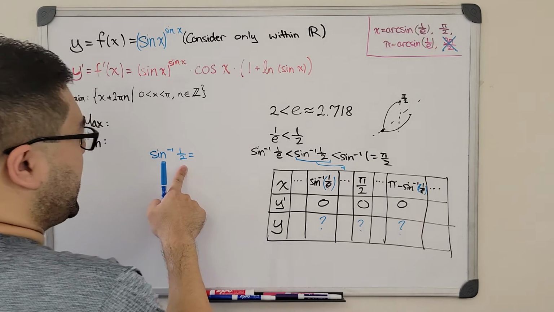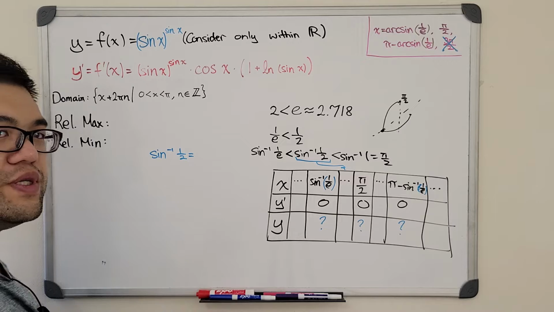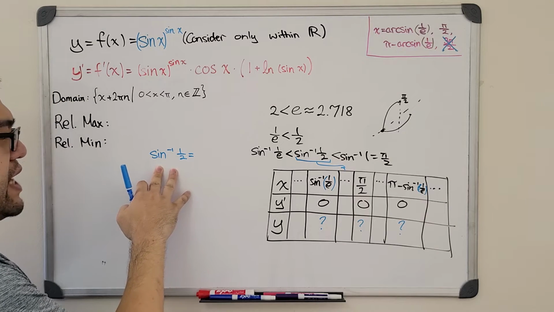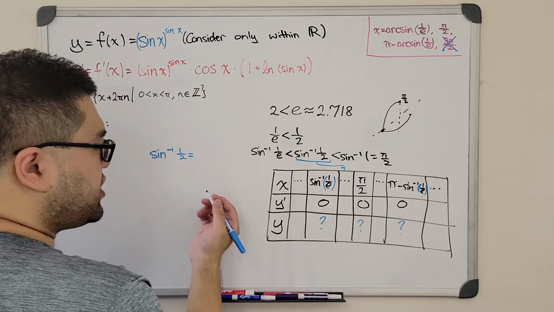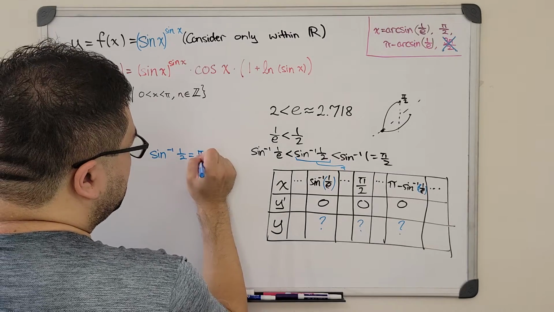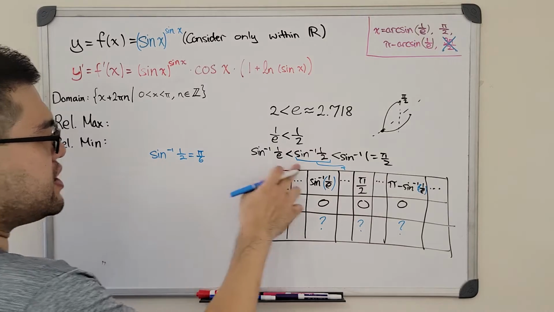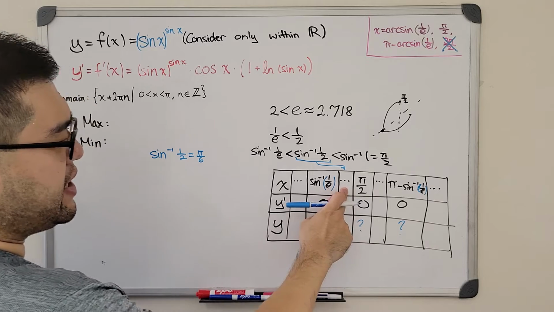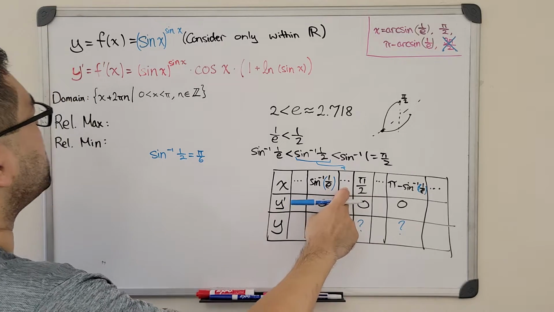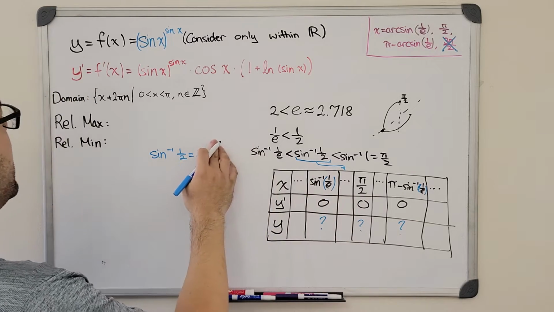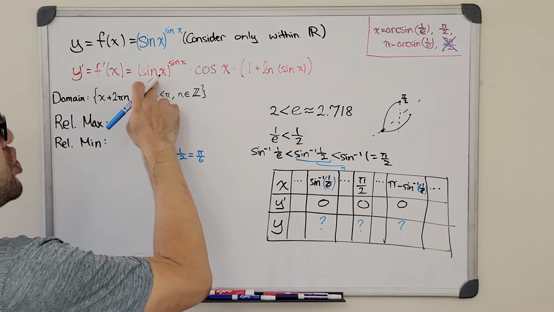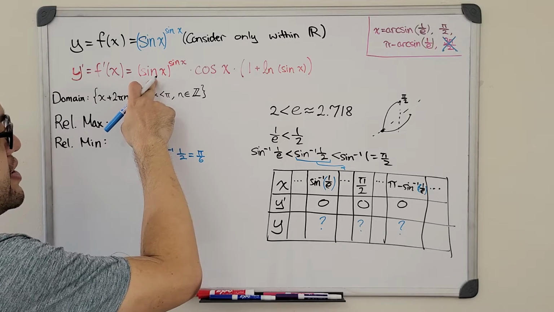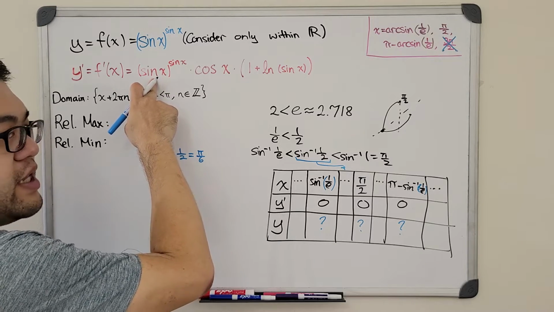And what angles do we get? Well, what angles between 0 and pi over 2 will satisfy that sine of the angle is 1/2? 30 degrees, or pi over 6. So in fact, this is equal to pi over 6, and we are saying that pi over 6 is actually lying in this open interval here. So we can use pi over 6 as one of the values to help us check the sign itself. Okay, again, this is helping us to check the sign, not the actual value.